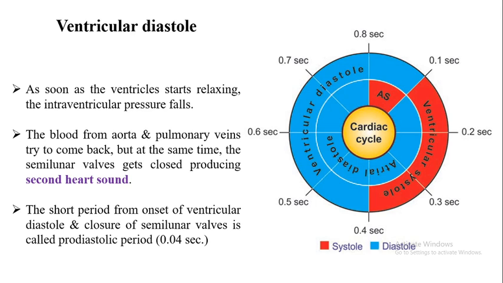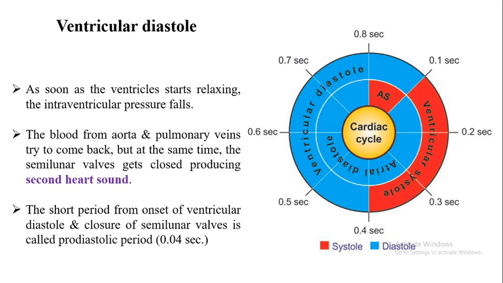The short period from the onset of ventricular diastole to closure of the semilunar valves is called the prodiastolic period, which is 0.04 second. When the semilunar valves are closed, the AV valves are not yet opened, so they are also closed.